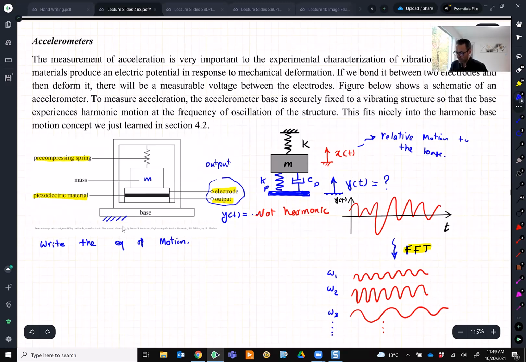So assume that you are measuring the motion of M with respect to the frame.